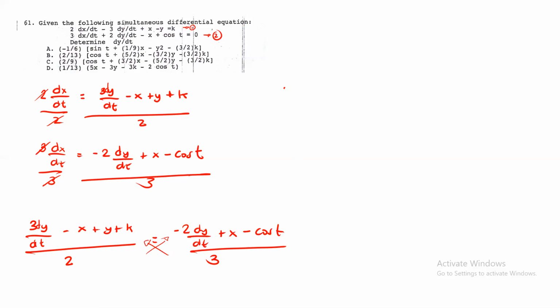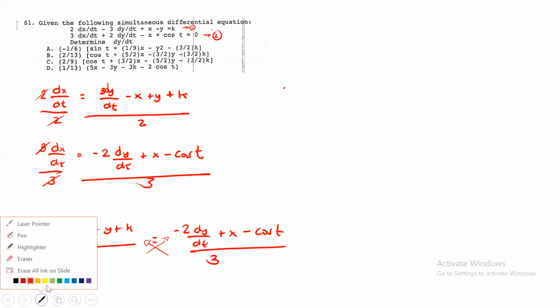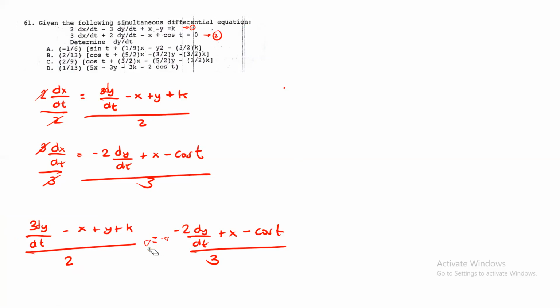Or gawin na lang natin guys. So wag na lang natin pala i-times sa ganyan. So ang gawin na lang natin, i-times natin ng 6 both sides. So para ma-eliminate yung mga denominator. So i-multiply natin both sides by 6. So 6 divided by 2 is 3 times 3 is 9.